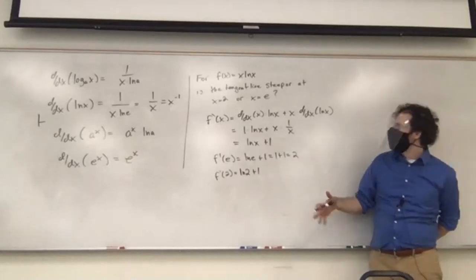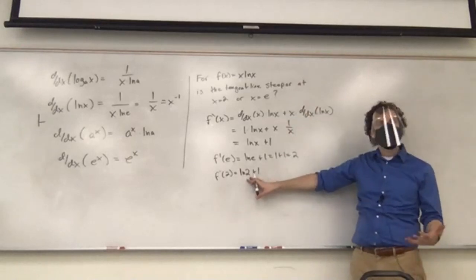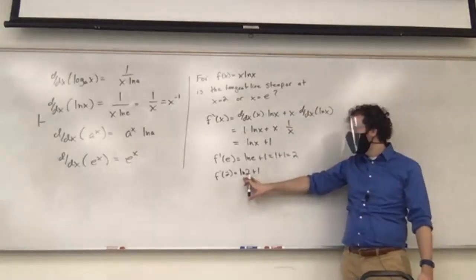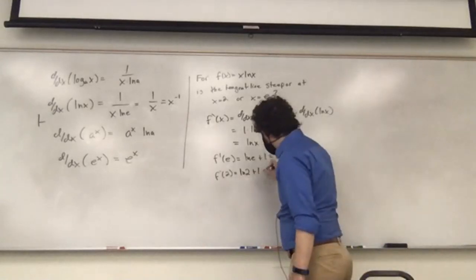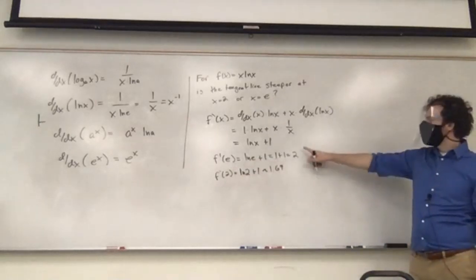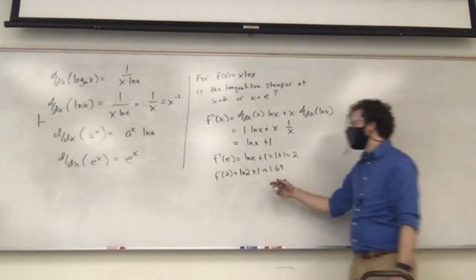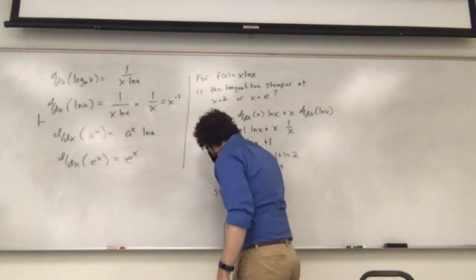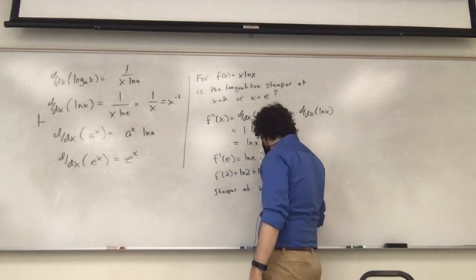In this case, we really want to compare the numbers, so you do need to put this in a calculator and see what you get. The natural log of 2 is about 0.69. So this is 1.69. We're steeper at e because the value of the derivative is bigger. So steeper at x equals e.